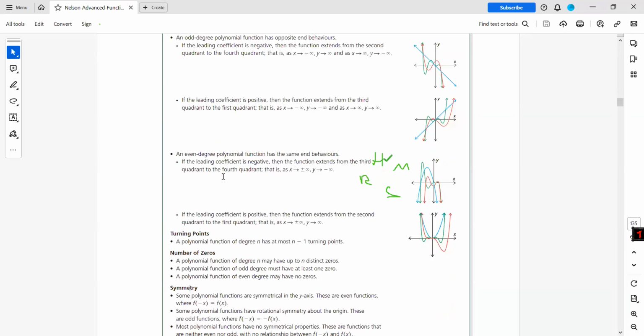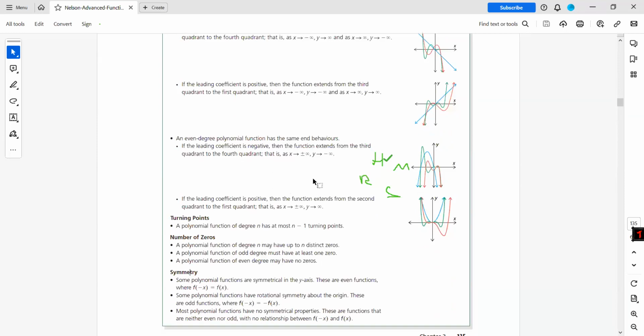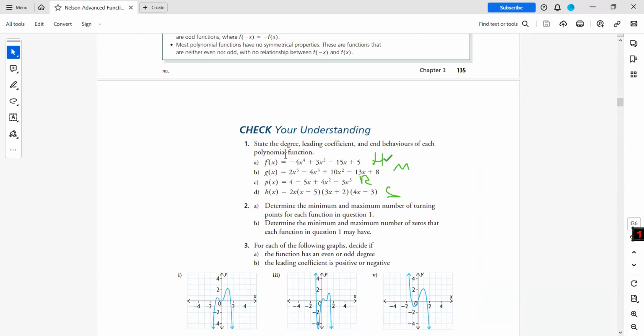Let's say x is negative 1000, then with the greatest exponent raised to the 5th power, a big negative number raised to the 5th power would still be negative because this power is odd.